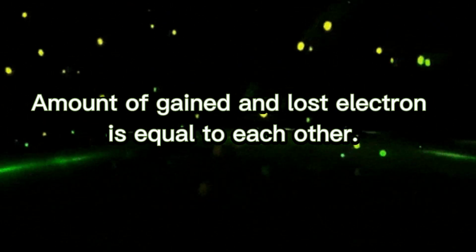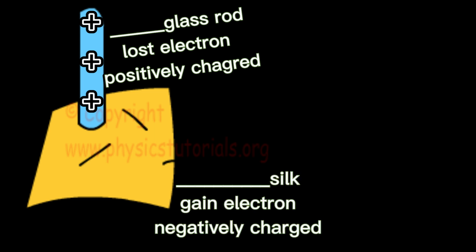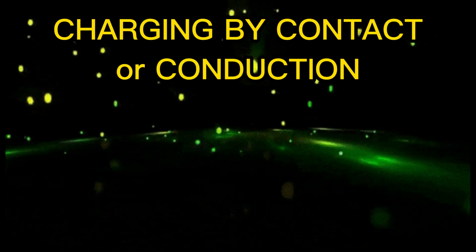The amount of gained and lost electrons is equal to each other. When you rub a glass rod to a silk, glass loses electrons and becomes positively charged, while silk gains electrons and becomes negatively charged.